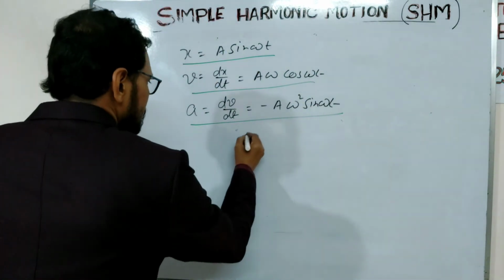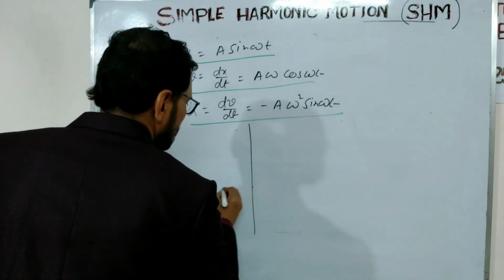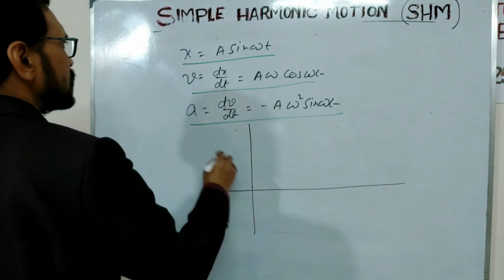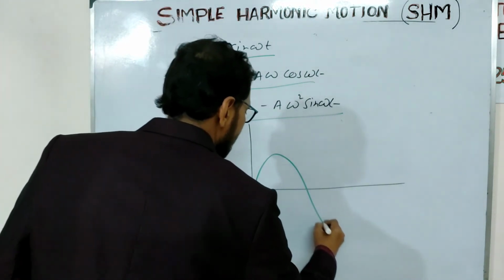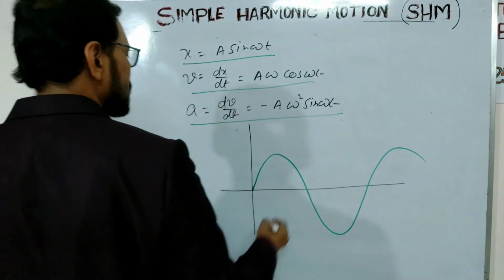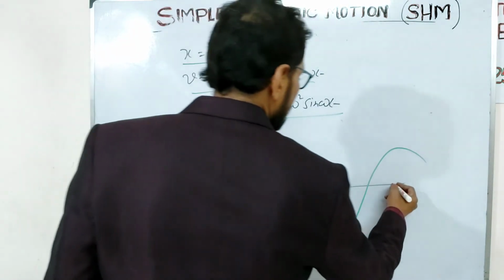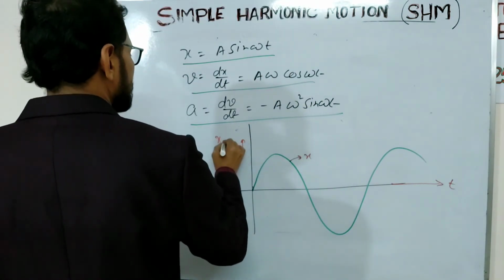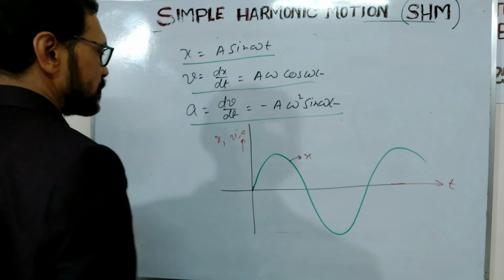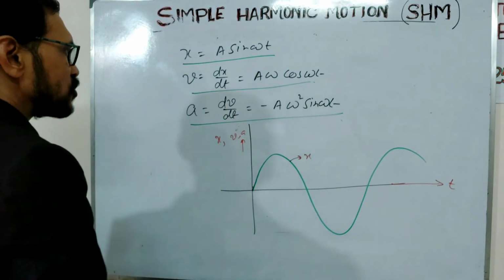To draw the graph, x equal to a sin omega t, the graph will be this way. This is x equal to a sin omega t, so this graph is x. This is time, and this is x, v and a. Now the velocity equation is a omega cos omega t.